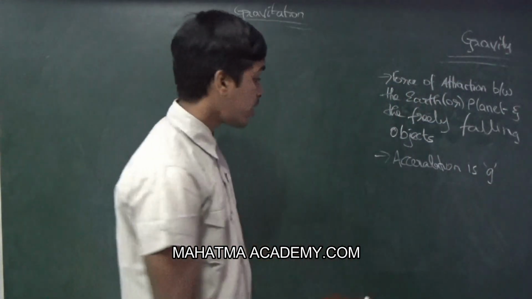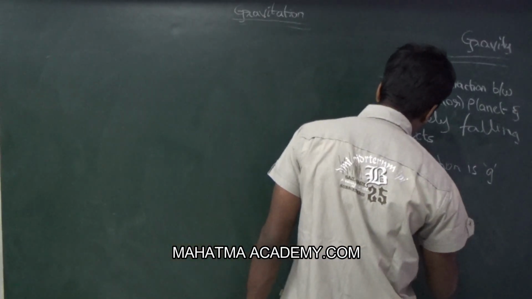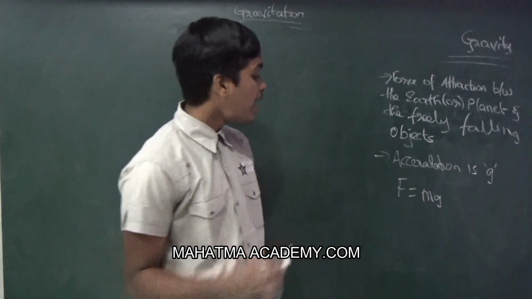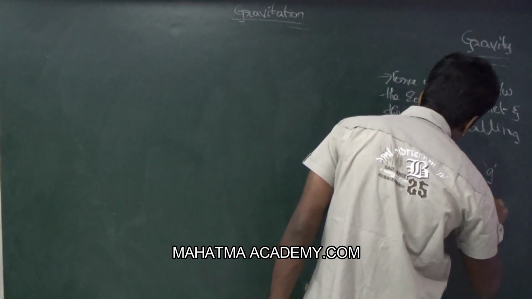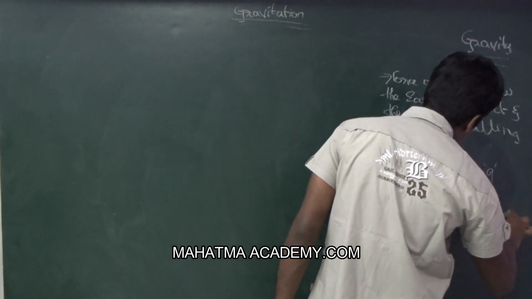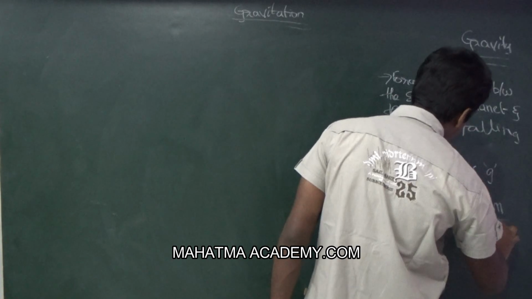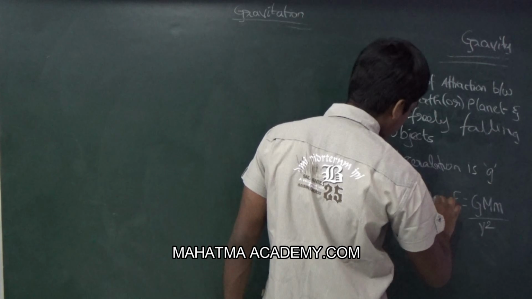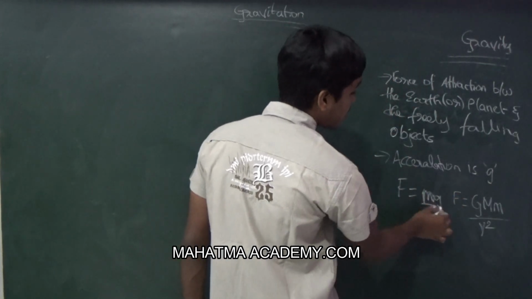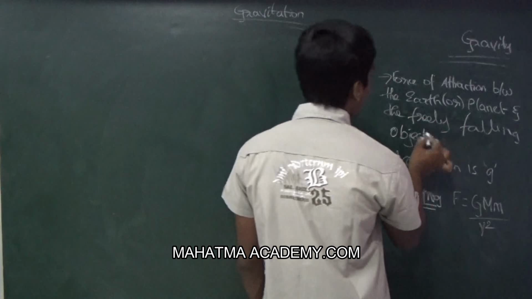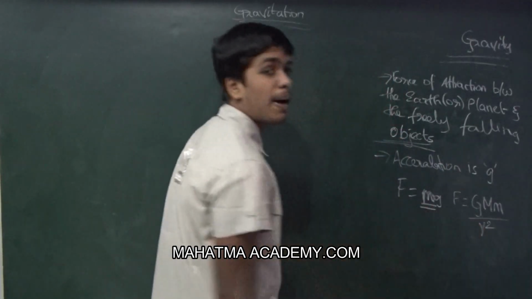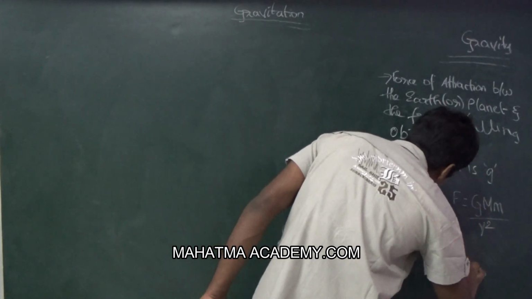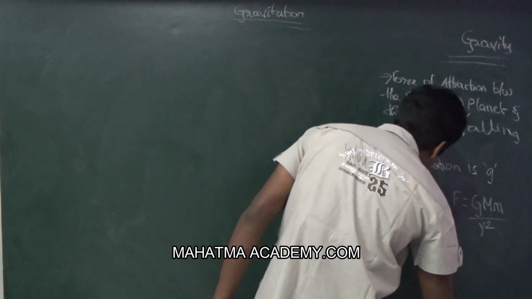Now the force F is equal to m into g, and the force provided is the gravitational force. So F is equal to G, earth mass and small m upon r square, where small m is the mass of the freely falling object. So we can combine this and we will get g equal to G M upon r square.